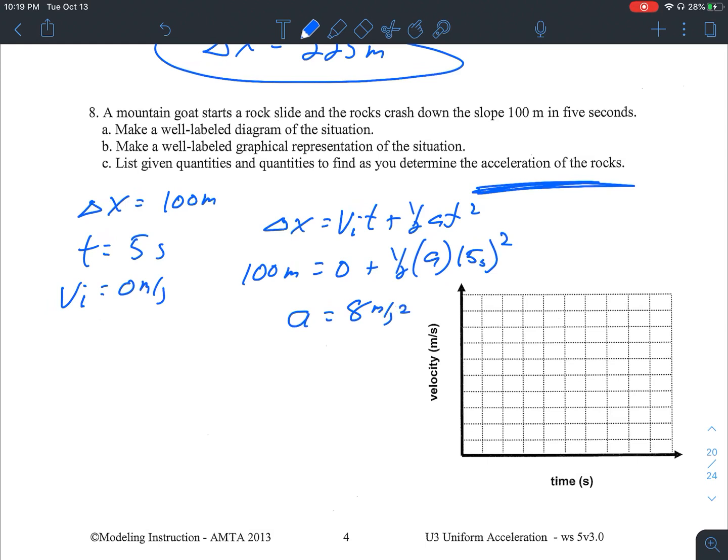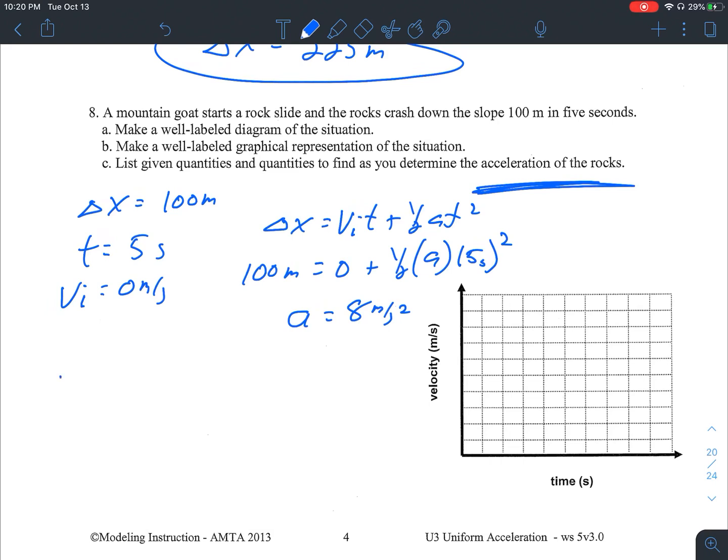Let's double check that. Yeah, that's right. So we have our acceleration.